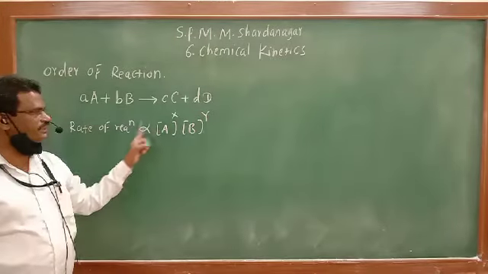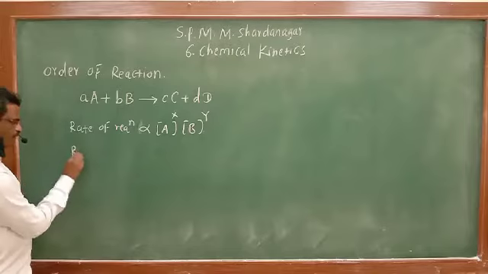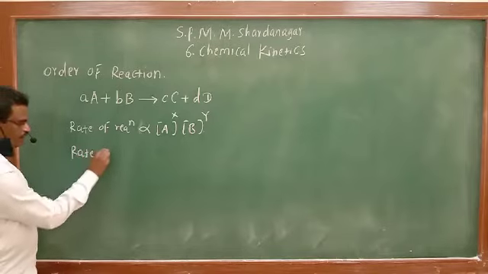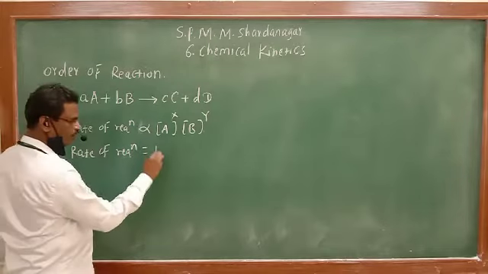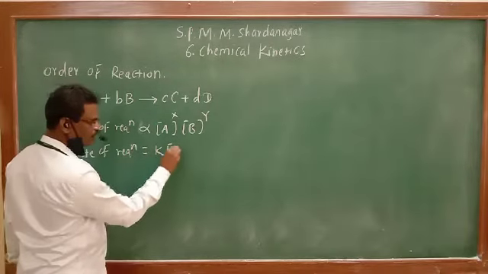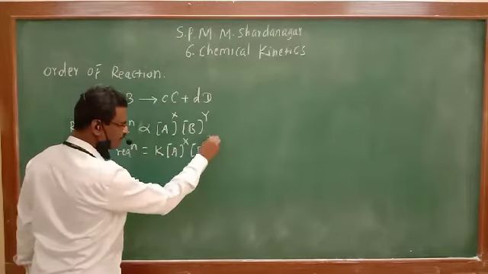Therefore, this equation is experimental, and if we take the proportionality constant, rate of reaction will be equal to K into concentration of A raised to x into concentration of B raised to y.